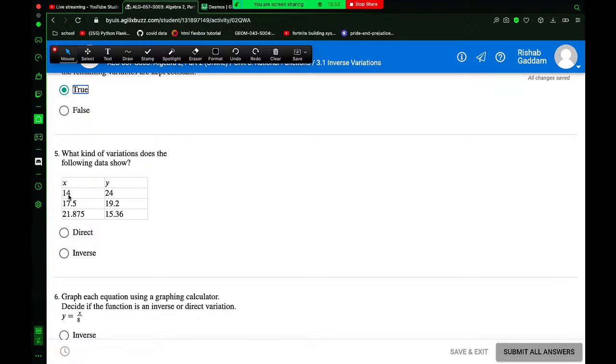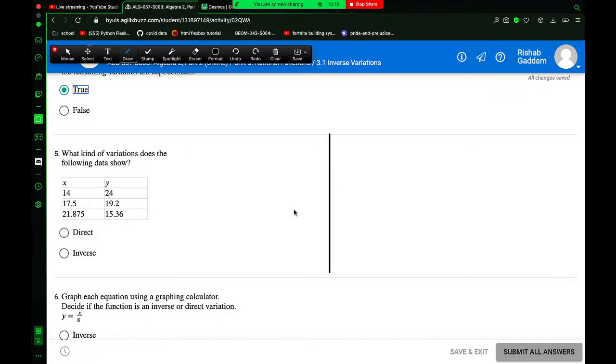Then it would be inverse. No, but it's still direct because this is a linear relationship, and direct variations show linear relationships. A linear is where it's just a straight line instead of what we're looking at.